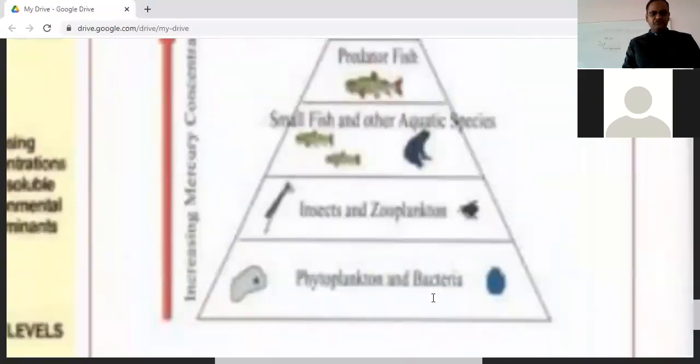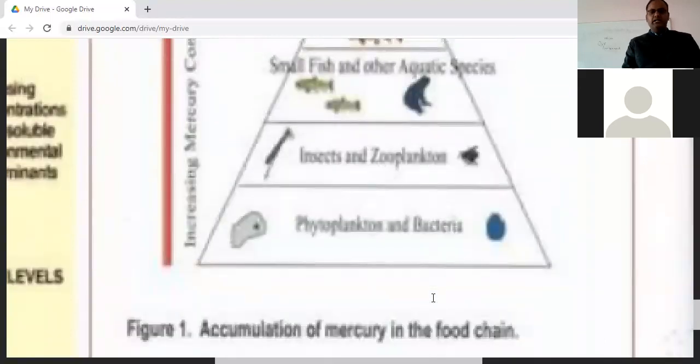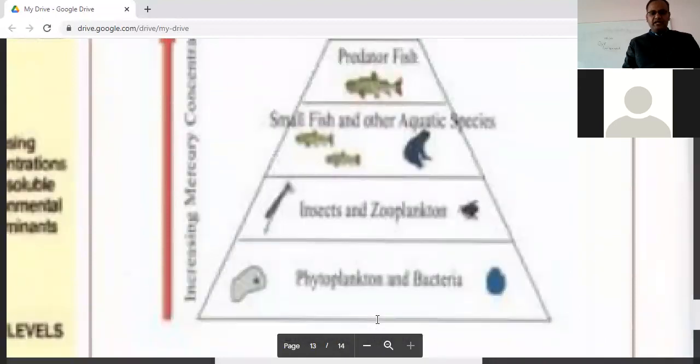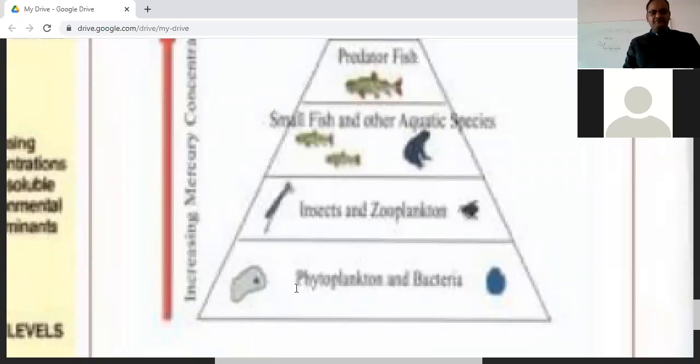In this food chain also you can see the mercury which gets accumulated along the food chain, an aquatic food chain. So along the successive trophic levels, the mercury, like the phytoplankton or the bacteria which are the producers, then the primary consumers are the insects and the zooplankton.